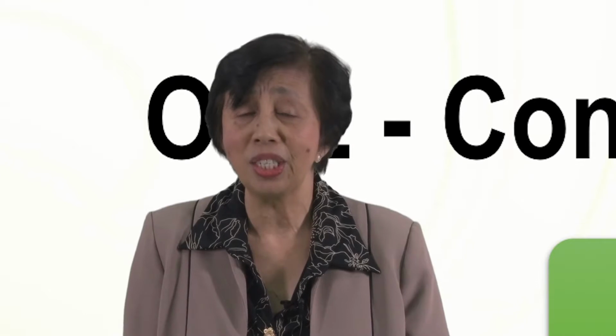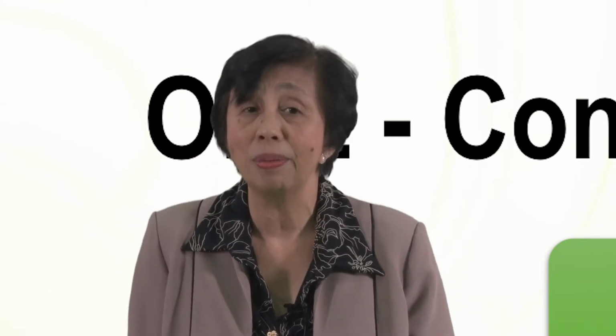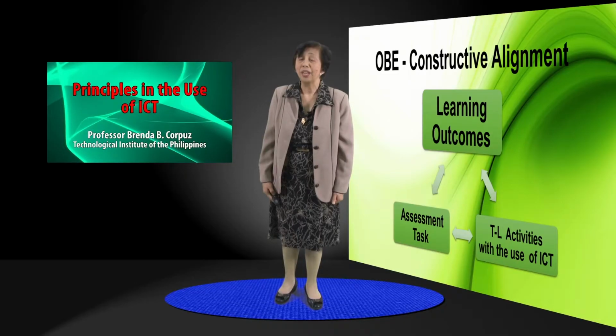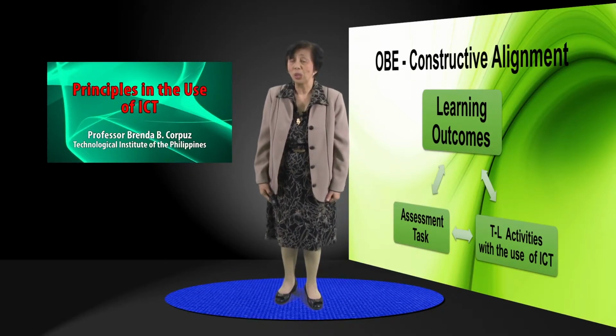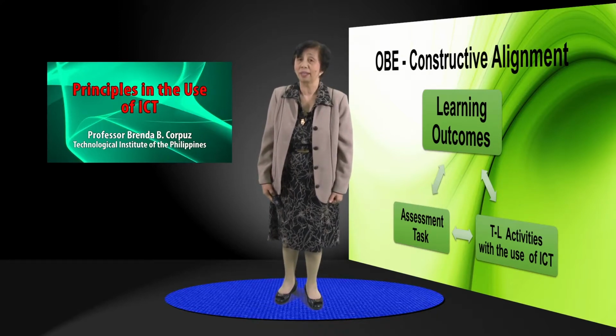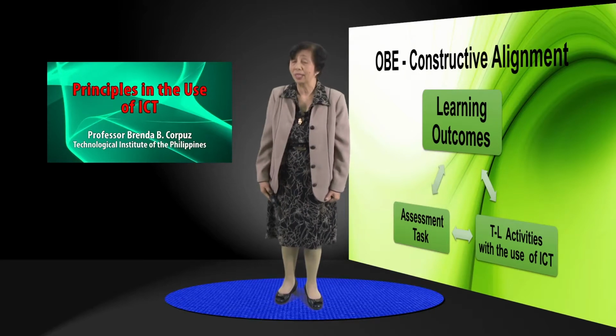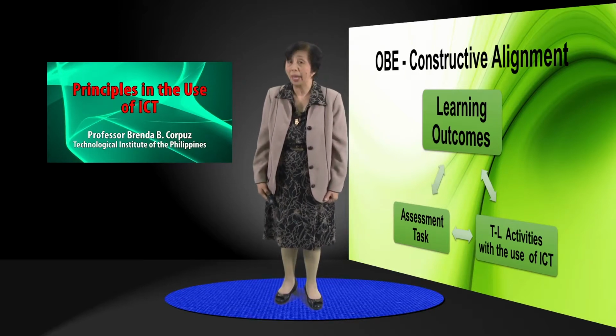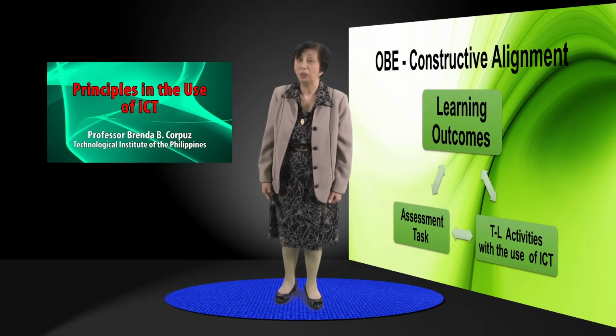It is in these teaching learning activities that the use of ICT is related, and that these methods with the use of ICT must also be aligned to the assessment task. And the assessment task, of course, is also based on the learning outcomes.